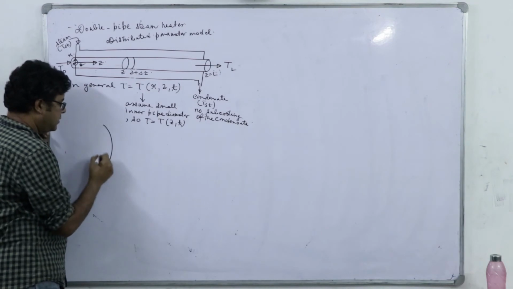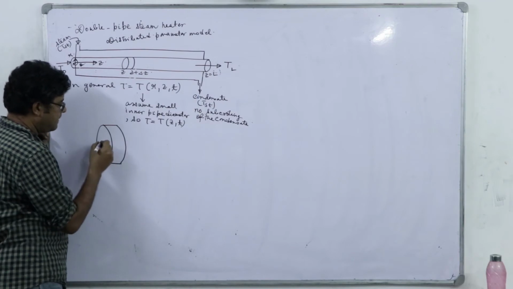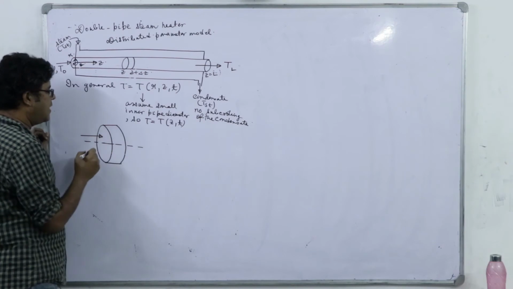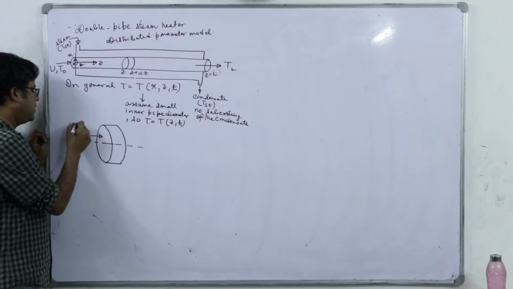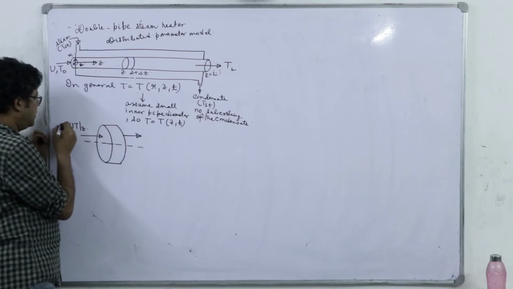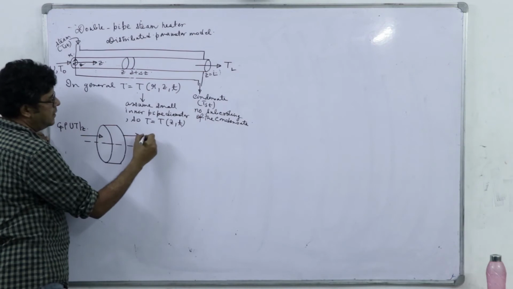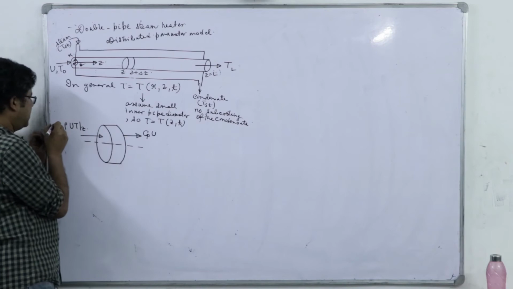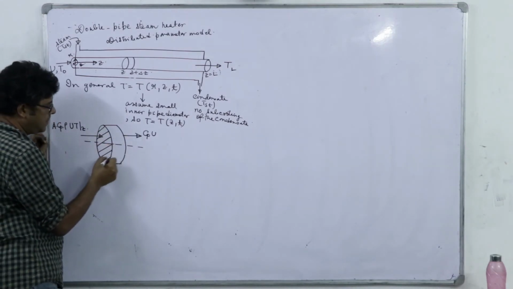Over this shell, if we enlarge the view, here we have convective transport, which is u into T at z, or rather rho into Cp also. Here it is rho Cp into u and multiplied by A as well. A is the cross sectional area.